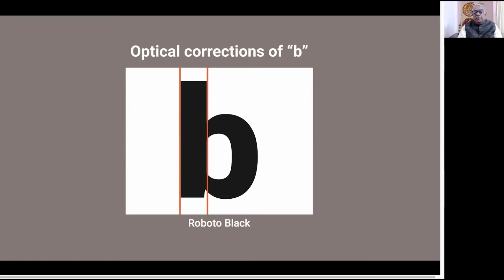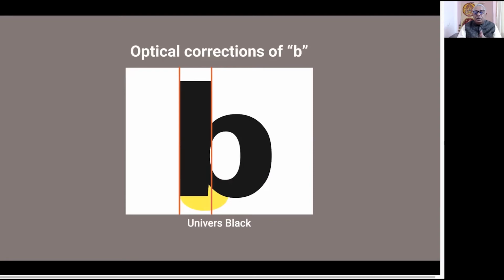And if you look at many other characters, for example, if you take lowercase b, the corresponding lines might not be matching each other, and a lot of corrections are done in the negative spaces where a curved structure goes and meets the vertical stem. These are all done consciously to compensate for the optical illusions.